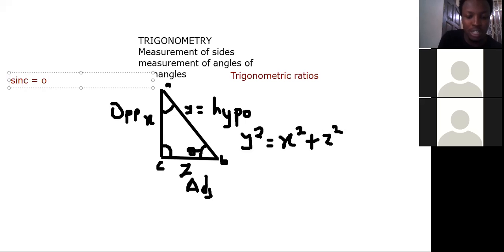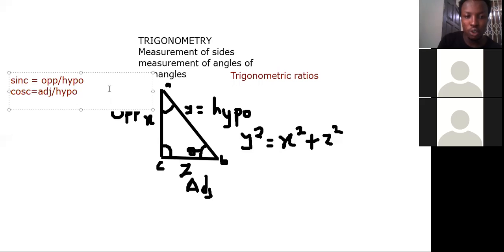According to our formula, I'm going to get opp all over hypo. Now the CAH, which is the cos: cos C is equal to adjacent all over hypotenuse, hypo.